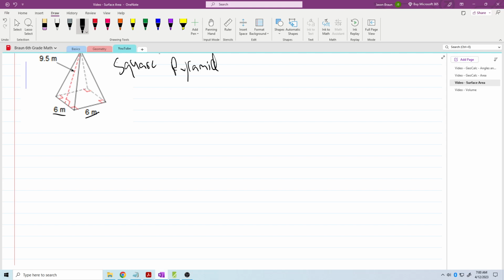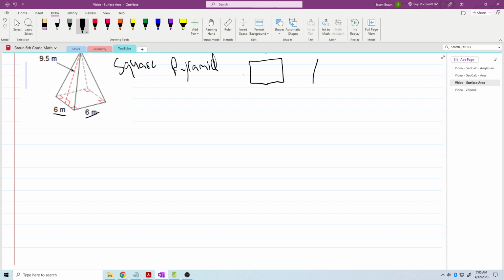So when you unfold this into its component shapes, what you will see is one square. Pretend that's a square, even though it looks more like a rectangle. And again, the little tip I showed you is 1, 2, 3, 4 sides. That means the next object, there will be 4 of them.